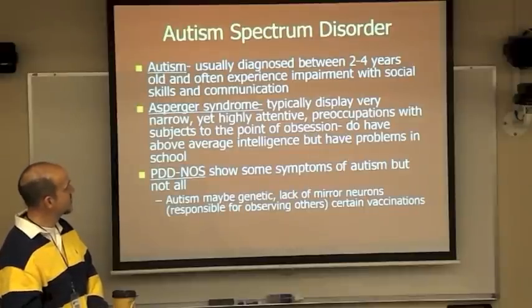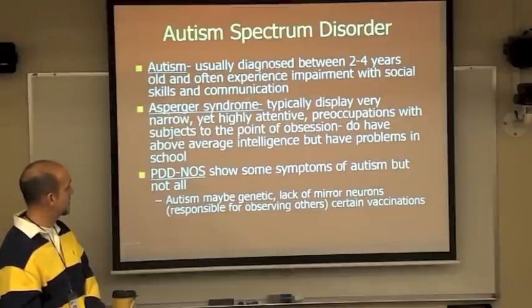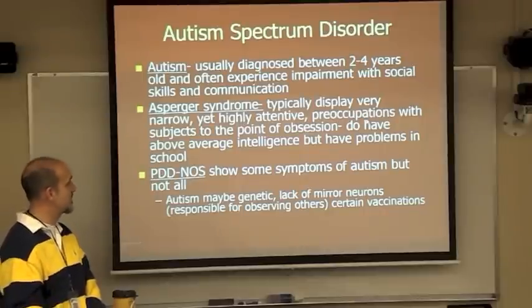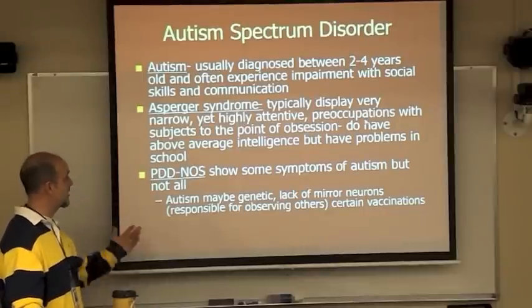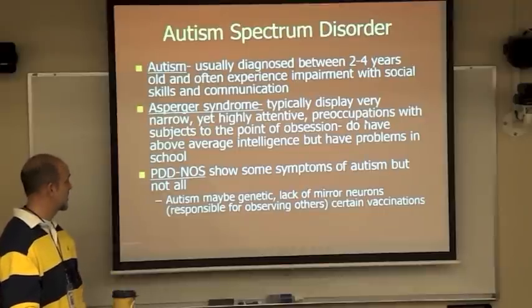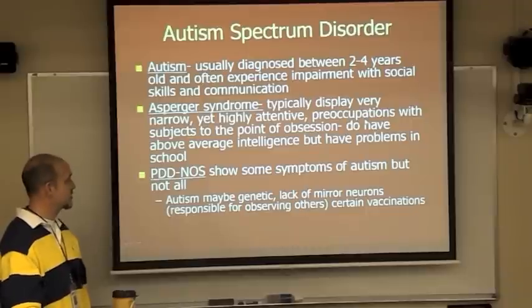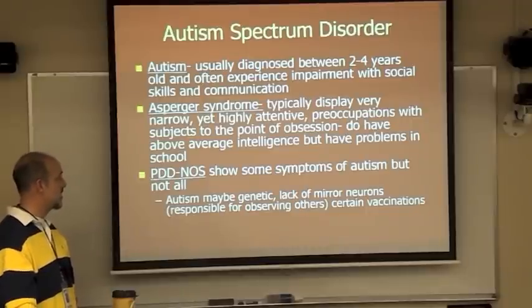Now, autism is usually diagnosed between 2 and 4 years, and often involves impairment with social skills and communication. Asperger's syndrome typically displays very narrow yet highly attentive preoccupations with subjects to the point of obsession. They do have above average intelligence, but have problems in school sometimes in terms of routines. PDD-NOS shows some symptoms of autism, but not all.